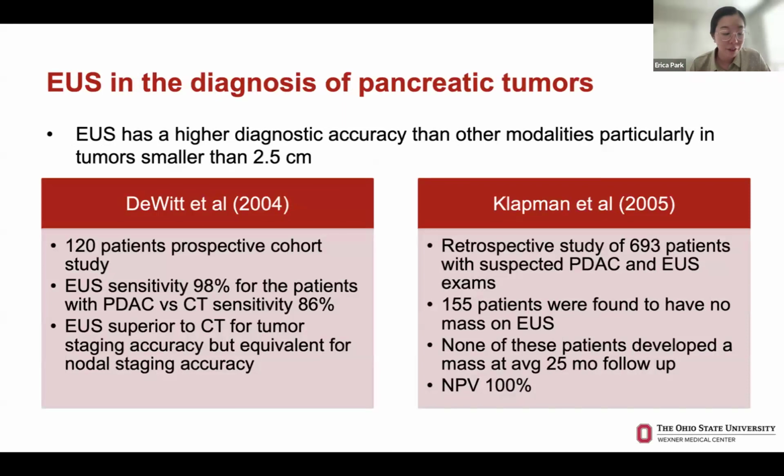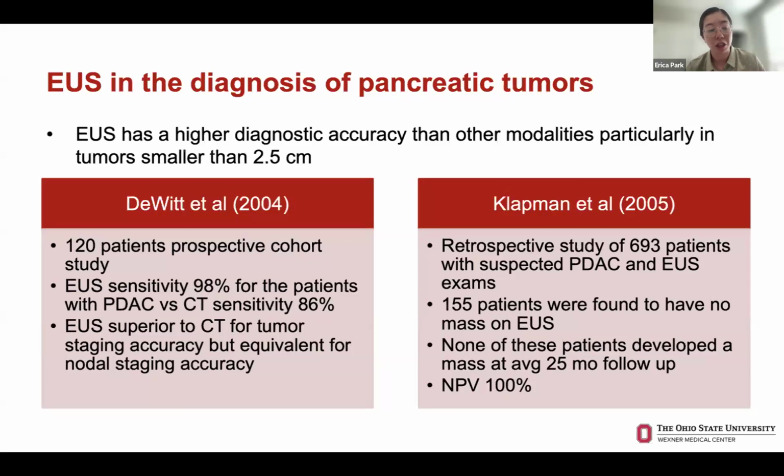EUS is also beneficial in its ability to diagnose pancreatic tumors. In particular, it has a very high diagnostic accuracy compared to other modalities for tumors that are very small, less than 2.5 centimeters. By catching tumors earlier, you can obviously allow for earlier management and potentially better prognosis for these patients.